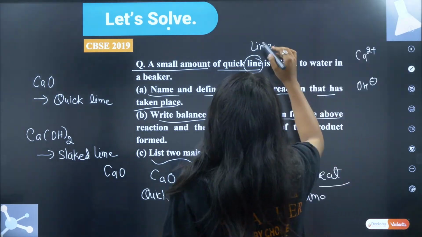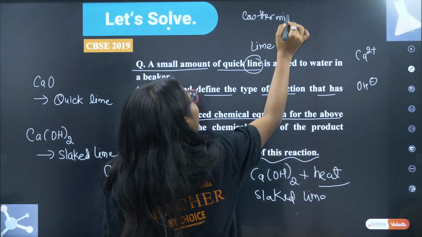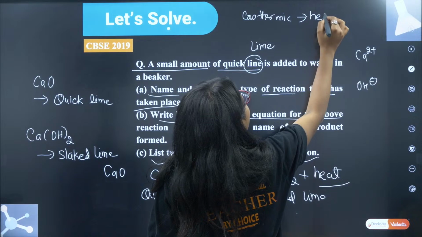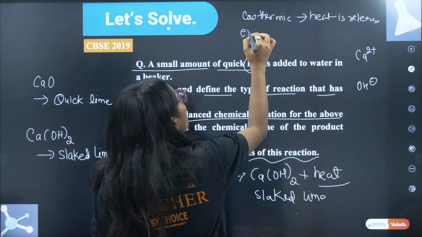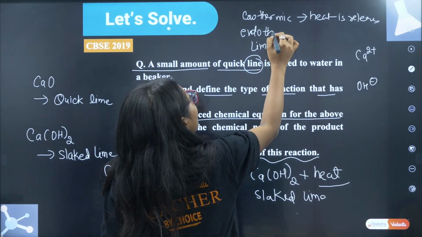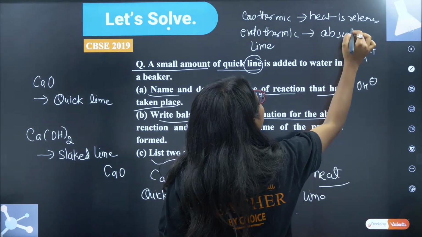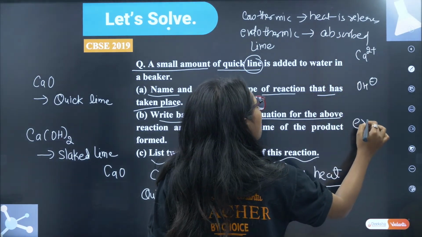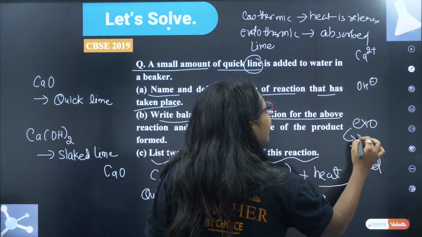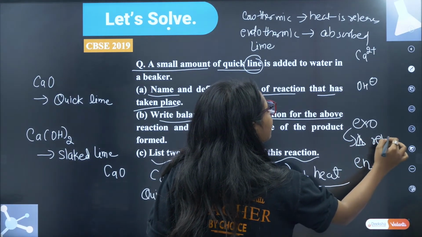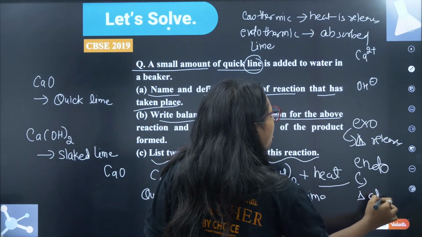Okay guys, so exothermic means heat released. Endothermic is where heat is absorbed. Exo, heat released. Endo, heat absorbed.